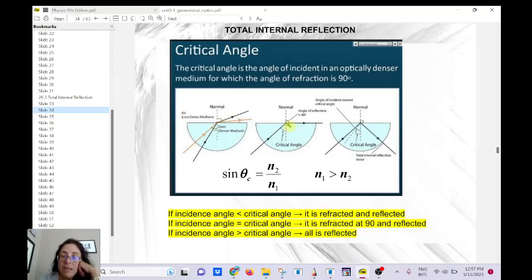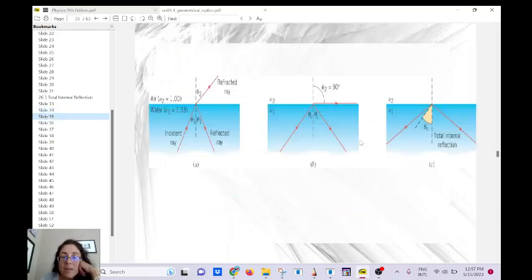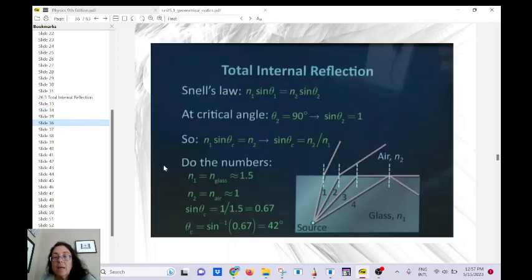And then if the angle of incidence here is larger than the critical angle, everything is reflected. Okay, so that's how it works. You can see here the same thing. Here it's the computation, but we did that already together.